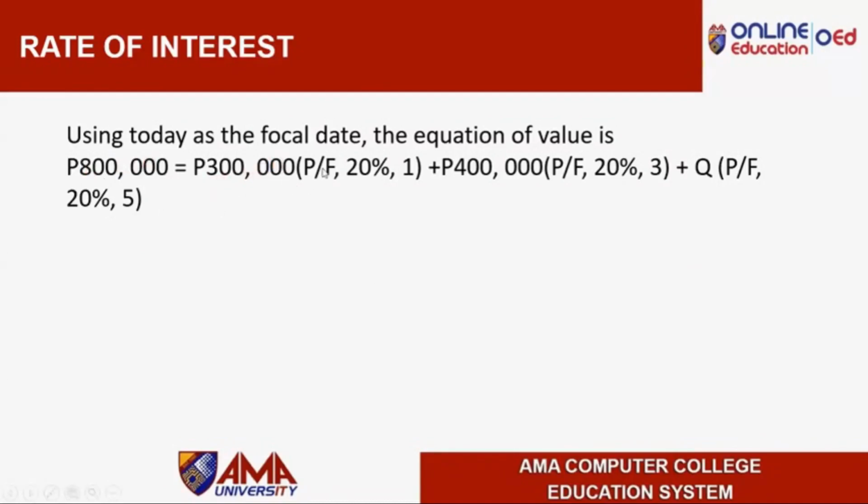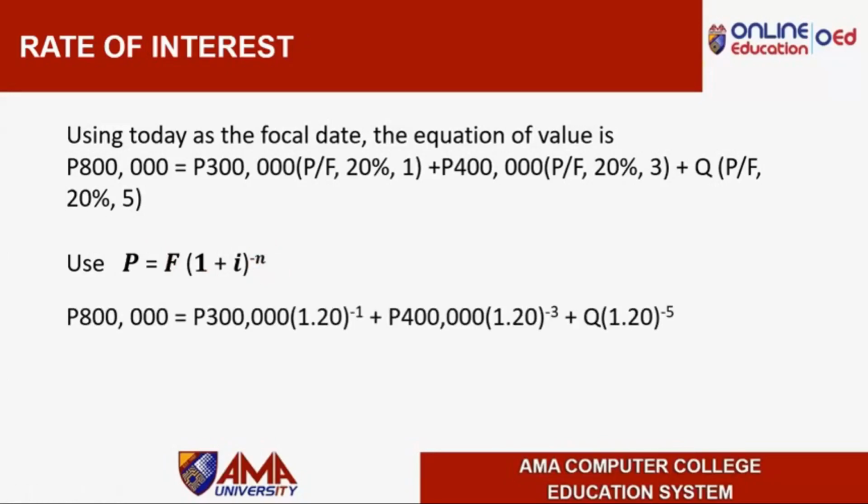So again, how do we read this? 300,000 multiplied by P given F at 20% interest in 1 period, plus 400,000 multiplied by P given F at 20% interest in 3 years, and again plus Q multiplied by P given F at 20% interest in 5 years. So the formula now is P equals F multiplied by (1 + i)^-n.